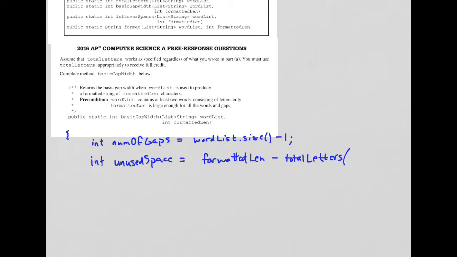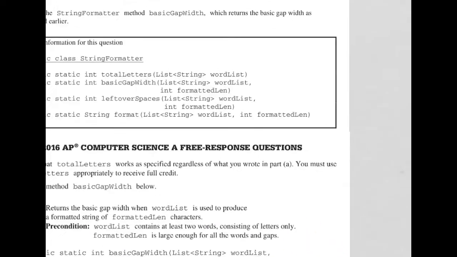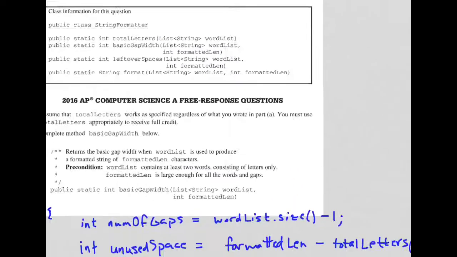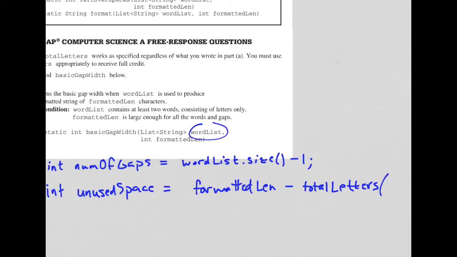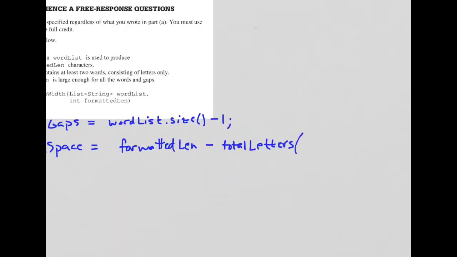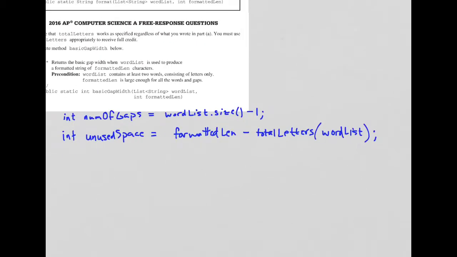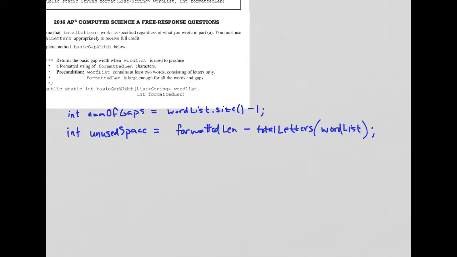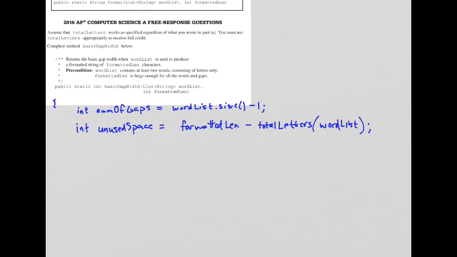So I need to use my total letters method, and here is how I use it. I need to input a string. Well, that's nice because I have my string there, and well, that's it. So I put in word list, and that should give me the number of unused space.